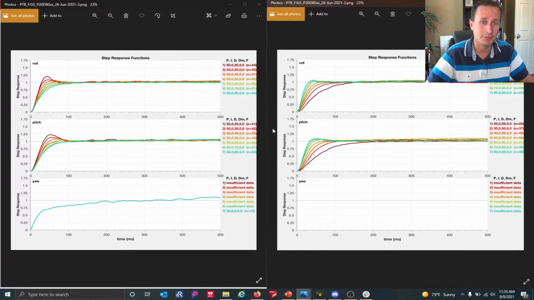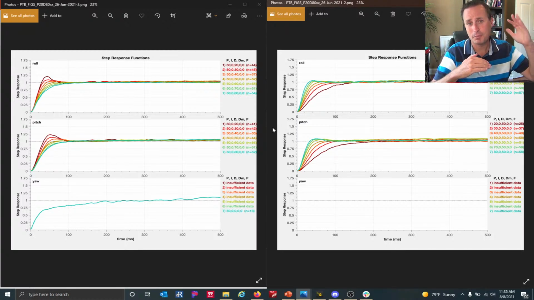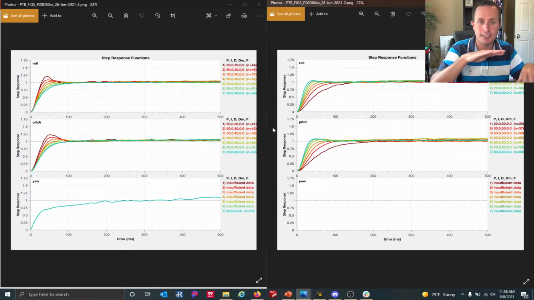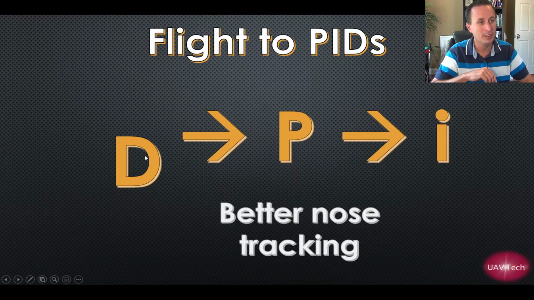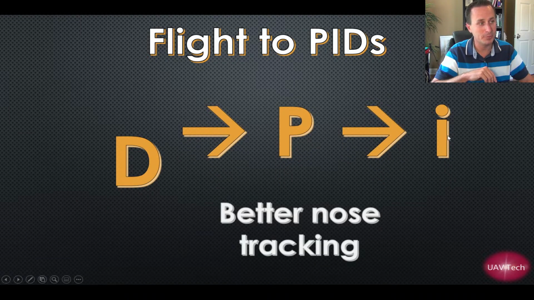But if you want a little bit better nose tracking, things are wobbling off a little bit, you want to tend towards pushing up P or reducing D. You want to have a higher ratio of your P and D term to get a little bit better nose tracking. Like I showed in that original plot here, if you want better nose tracking, you're going to either hold D and raise P and I, or you're going to hold these two and lower D. Pick one.